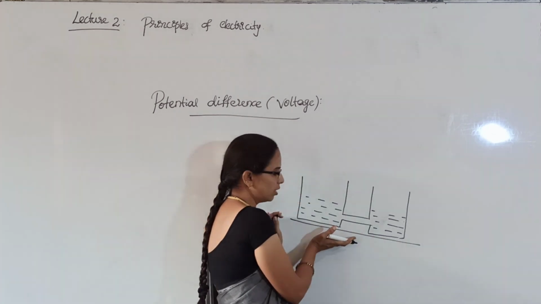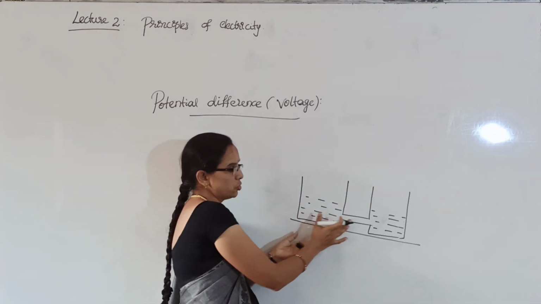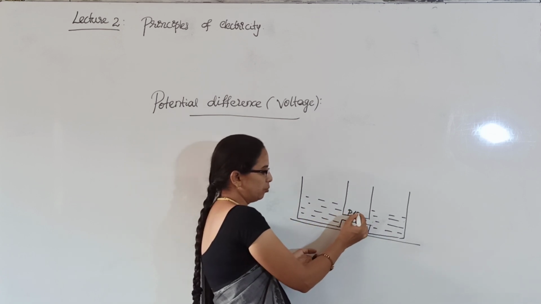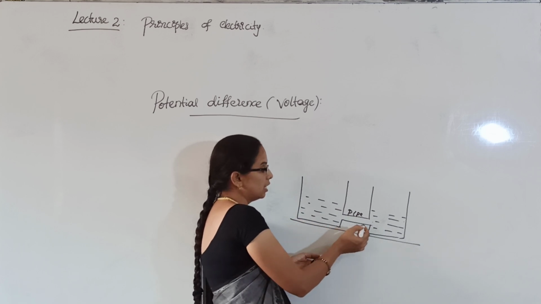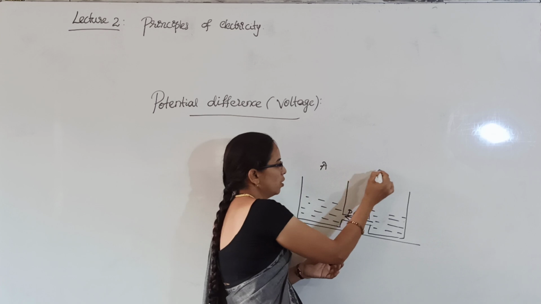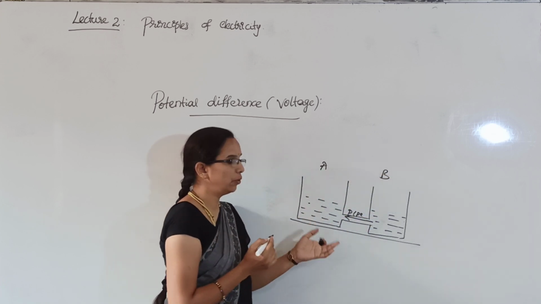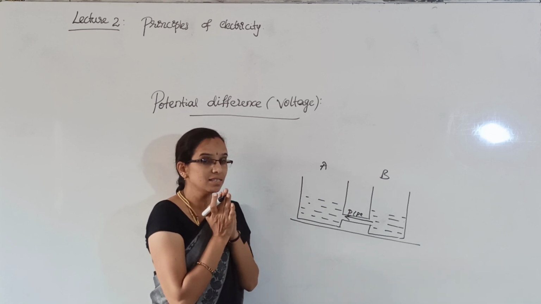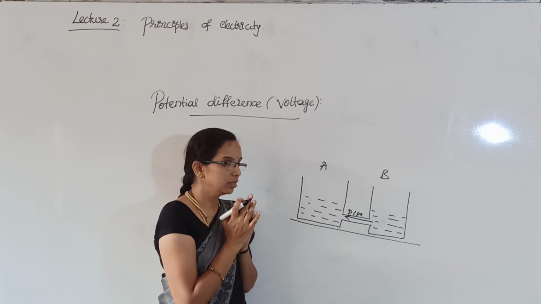Assume these two vessels are at the same level, and a pipe is connected between them. Can you expect the flow of water from B to A when they are at the same level? No.